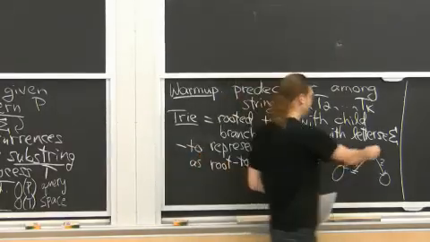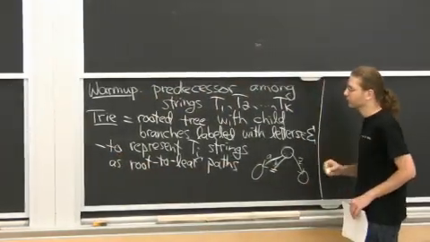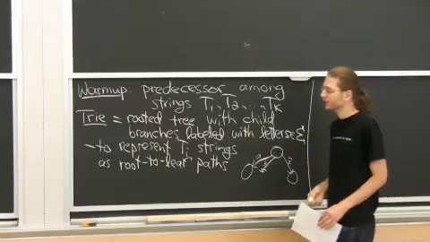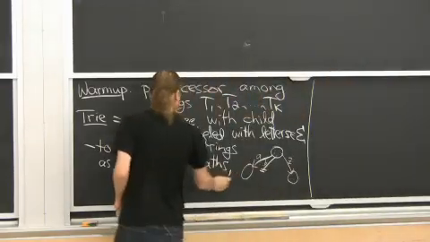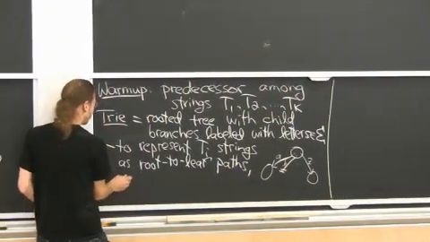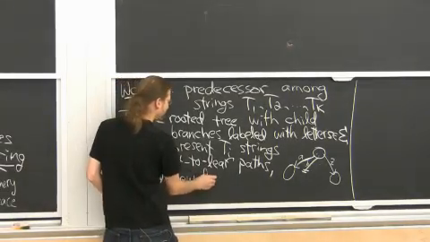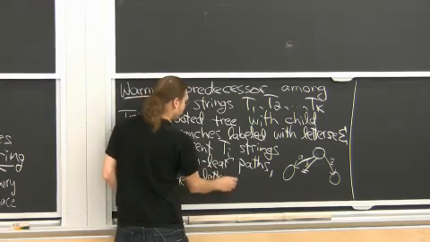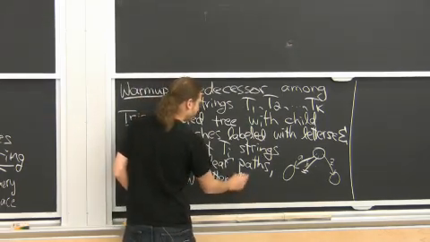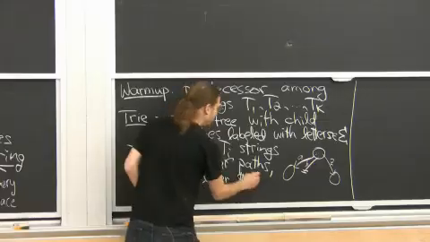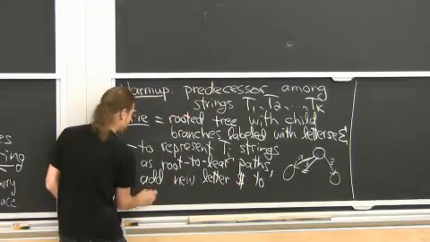Because any root to leaf path is just a sequence of letters, and that's a string. So we'll just throw them in there. Now, to do that, we need to change things a little bit. We're going to add a new letter, which we'll usually represent as a $, to the end of every string.